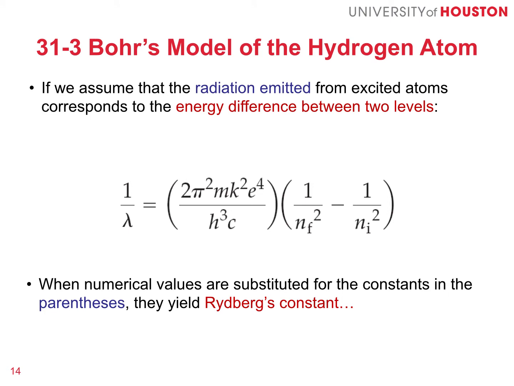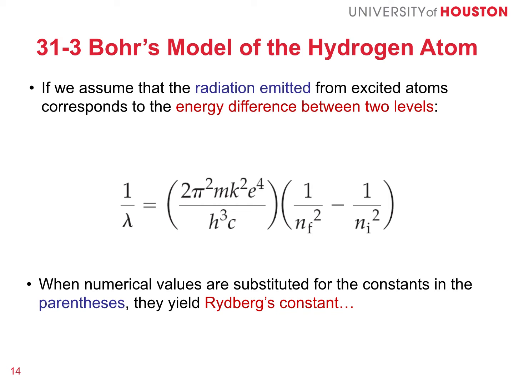Now, if we assume that the radiation emitted from excited atoms corresponds to a change in the electron energy levels, we can determine exactly what the wavelength should be from the Bohr model itself. 1 over the wavelength is equal to 2 pi squared m k squared e to the 4 divided by h cubed times c, times 1 over nf squared, where nf is the final quantum number, minus 1 over ni squared, where ni is the initial quantum number.